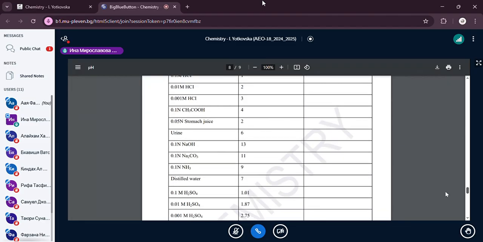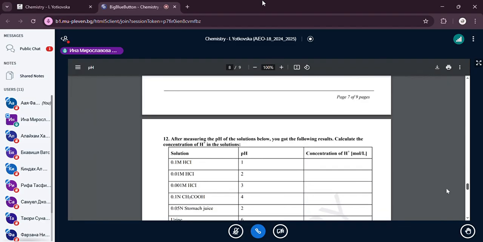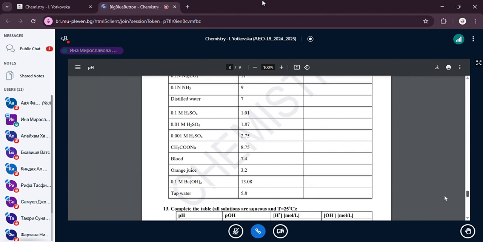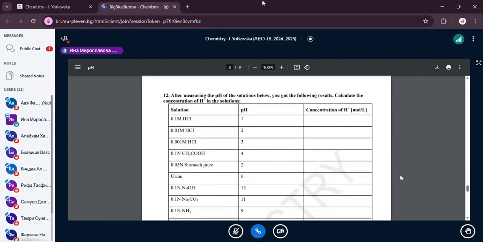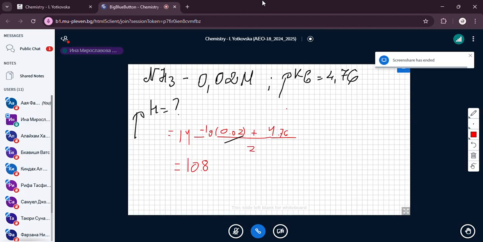These are most of the solutions that I will measure now. Some of them. Now, for every solution that I show, for every solution which pH I measure, I want you to write down the value.